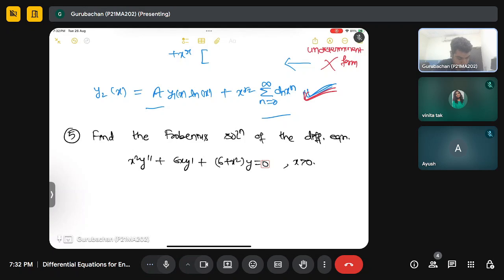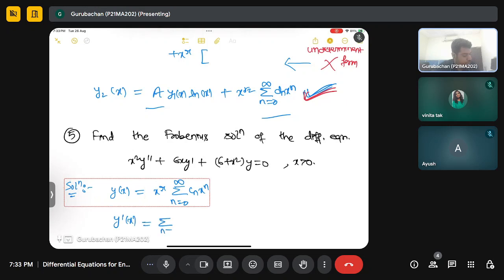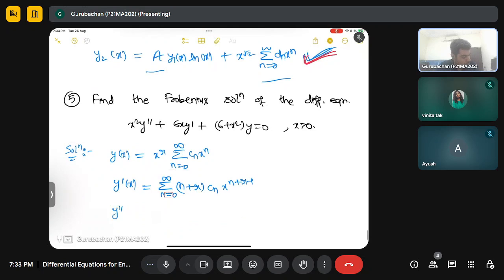So let us start. Again, x equal to 0 is a regular singular point, and you have to see y(x) as a series, and y dash x will be its derivative.